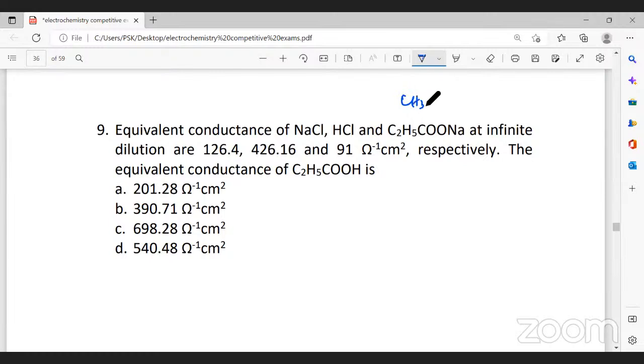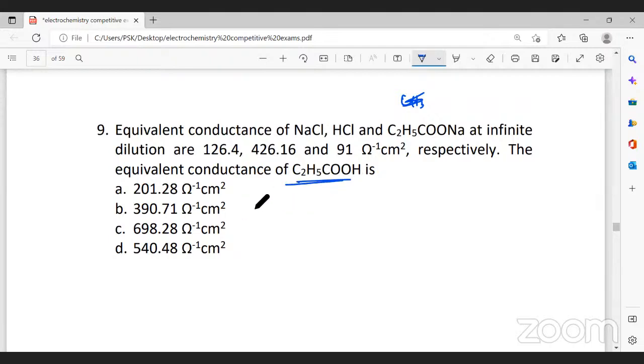This is propanoate, sodium propanoate, with 3 carbon atoms. At infinite dilution these are 126.4, 426.16, and 91 per ohm per centimeter square, respectively. The equivalent conductance of propanoic acid is asked.